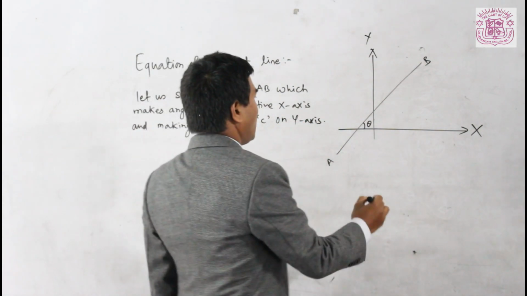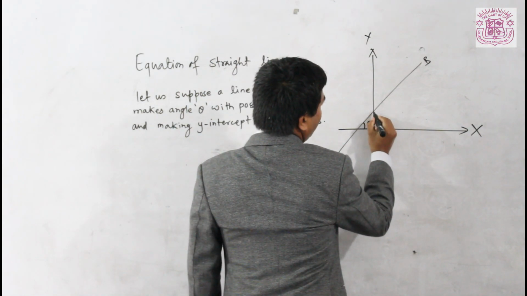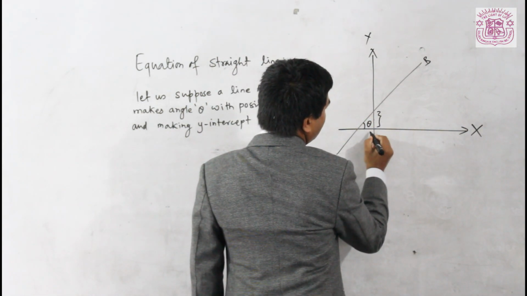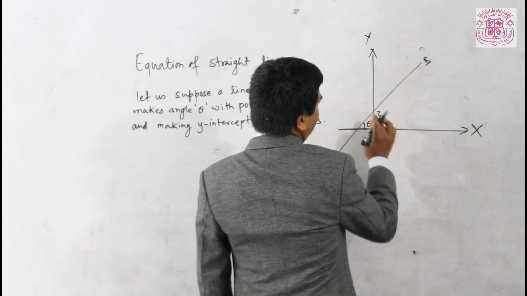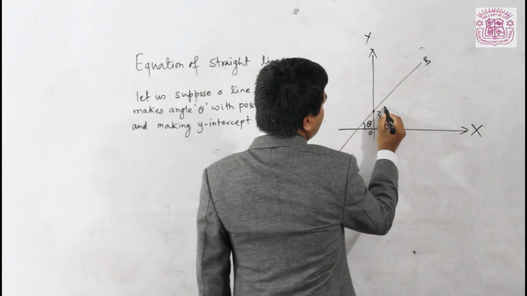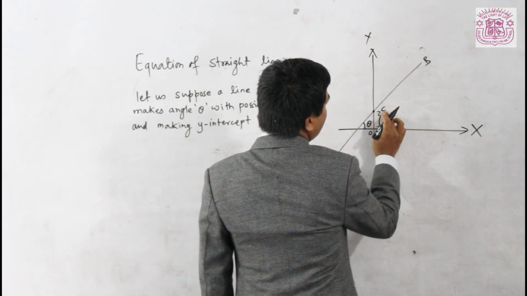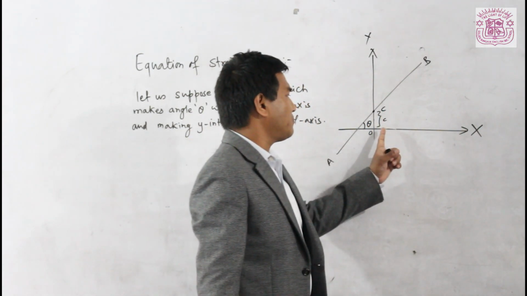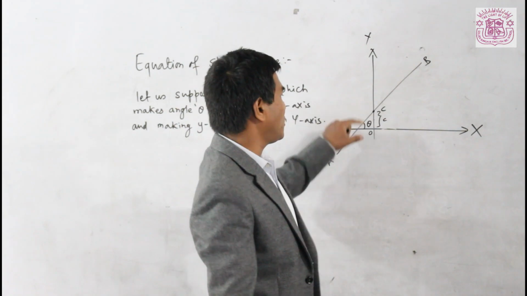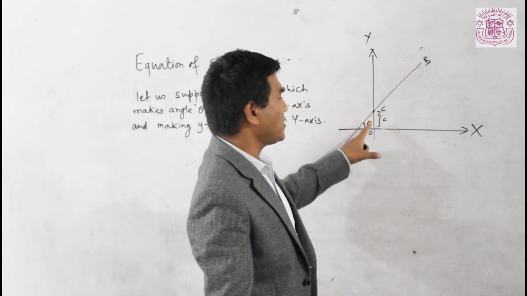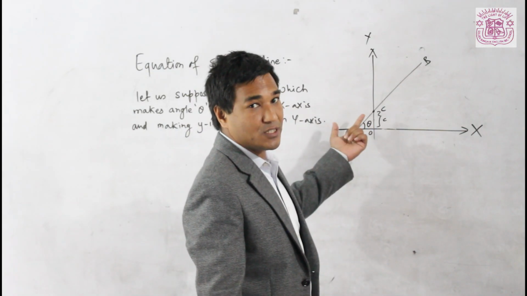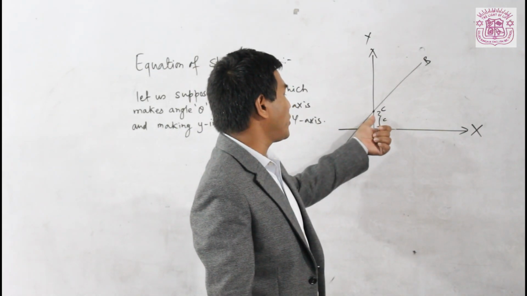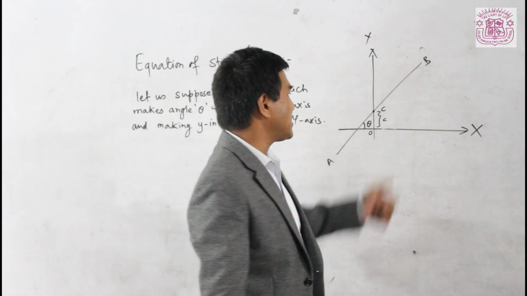That means the y-intercept is over here. This distance is called the y-intercept c. You can denote this point as capital C, and the coordinate of this point will be (0, c), because it lies on the y-axis. So the x coordinate on the y-axis is 0. So the coordinate of this point C is (0, c).